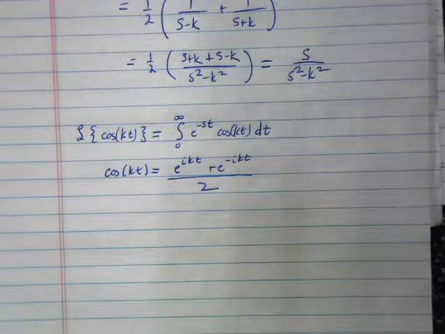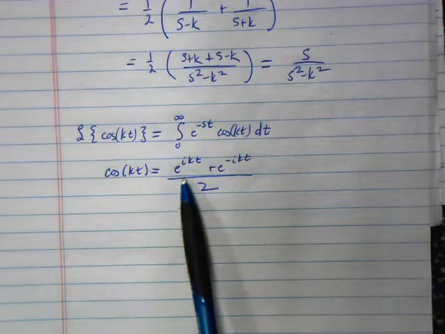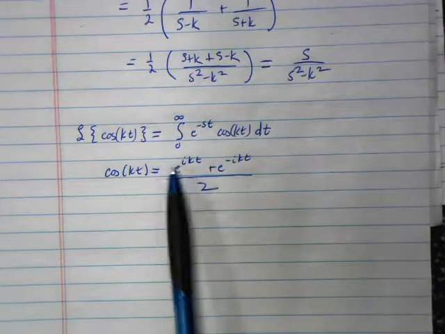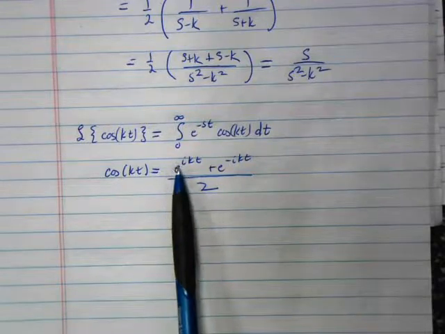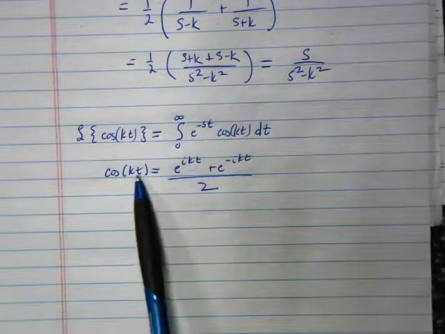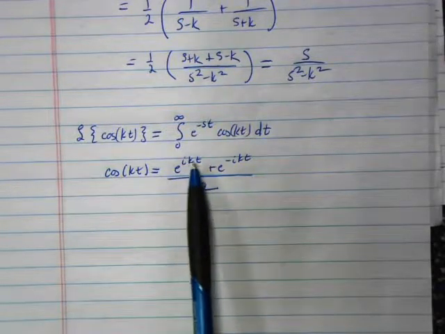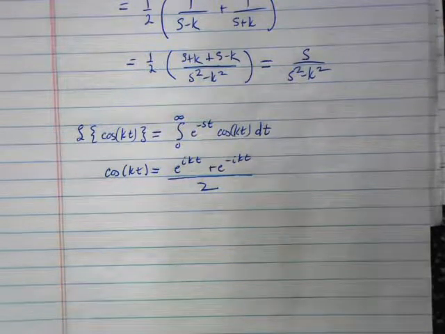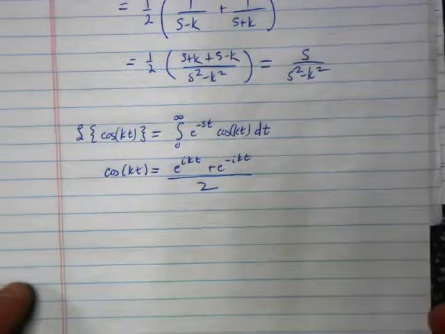To write it in terms of e, you go talk to Leonard Euler. Remember that formula we had where we took e to a complex number? You can take cosine and write it in terms of e's to complex numbers. Cosine kt is e to the i kt plus e to the negative i kt, all over 2. Where is the i coming from? Remember we did this before?